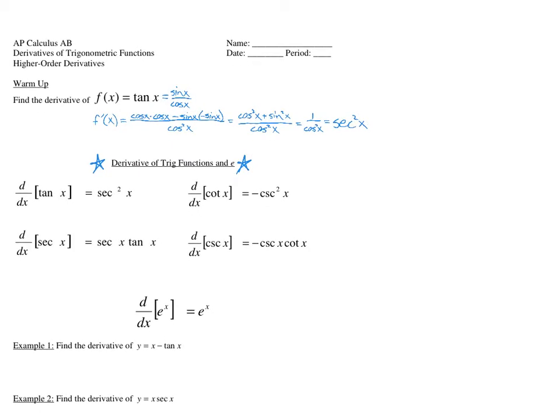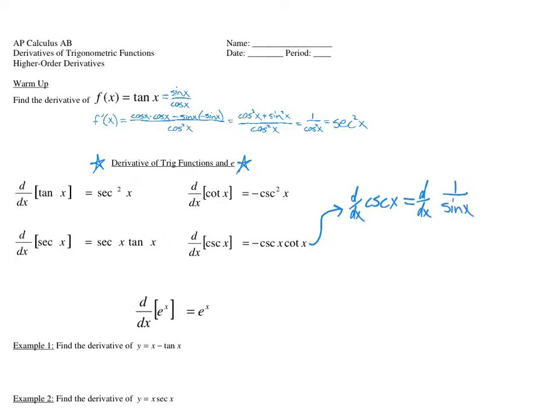So we're going to take the derivative of cosecant. And you're right, it's the derivative with respect to x of 1 over sine of x.